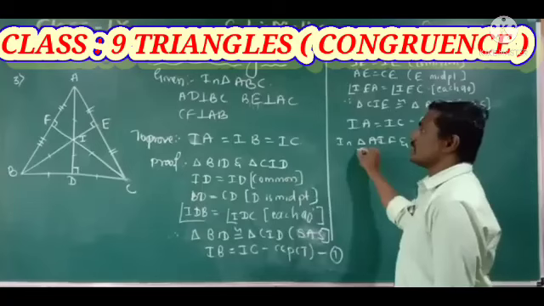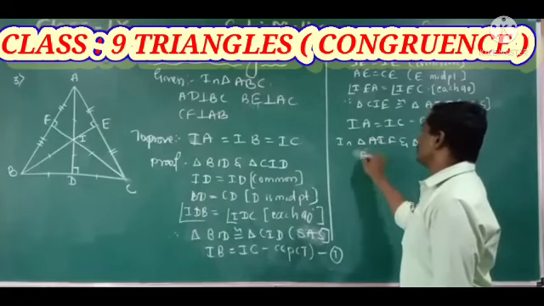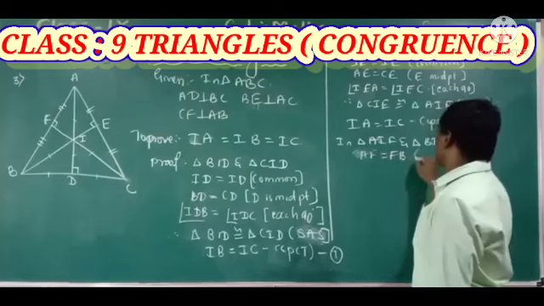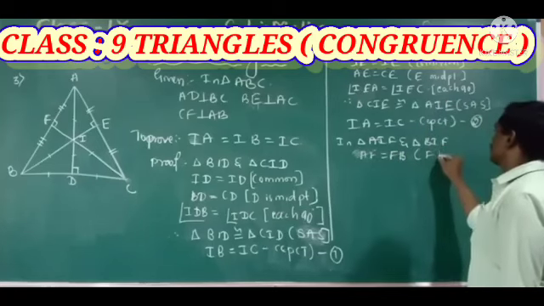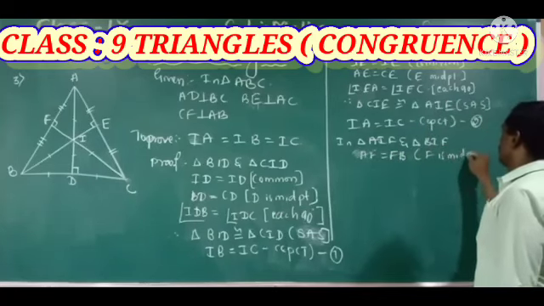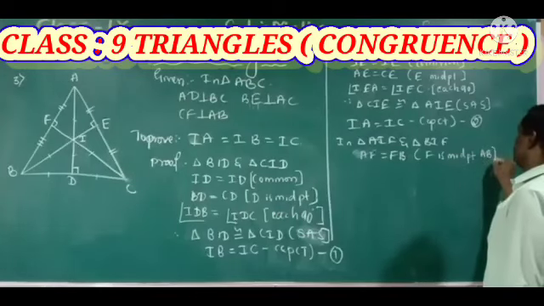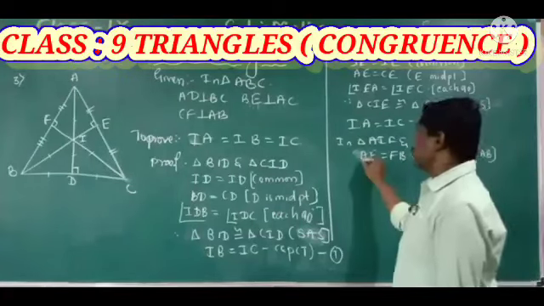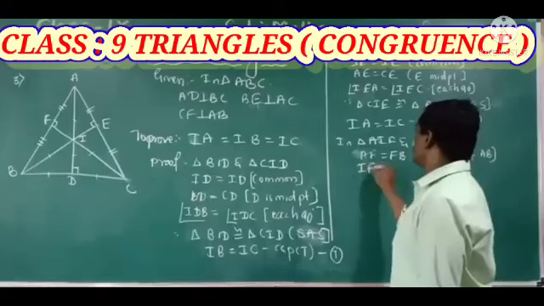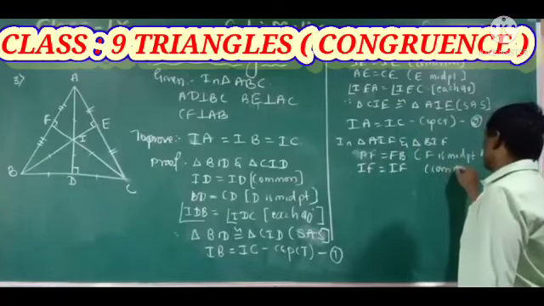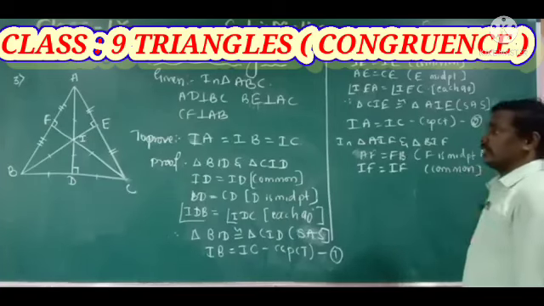AF is equal to FB, because F is a midpoint of AB. Next one, IF is equal to IF. It's a common side for these two triangles.